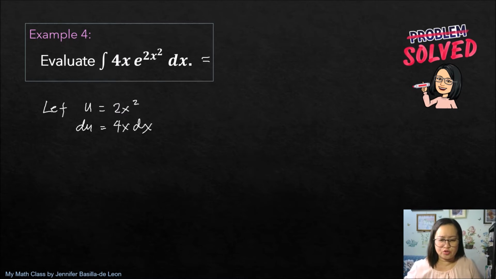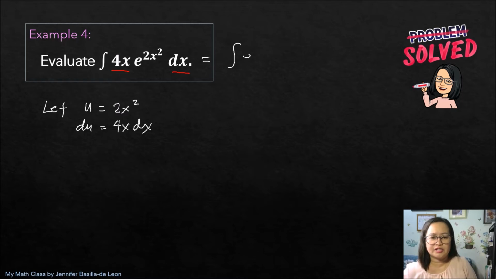Now, as you notice, there is 4x dx. So this problem can be written as e^u du. So we're replacing the exponent u with the original exponent, and then plus c.